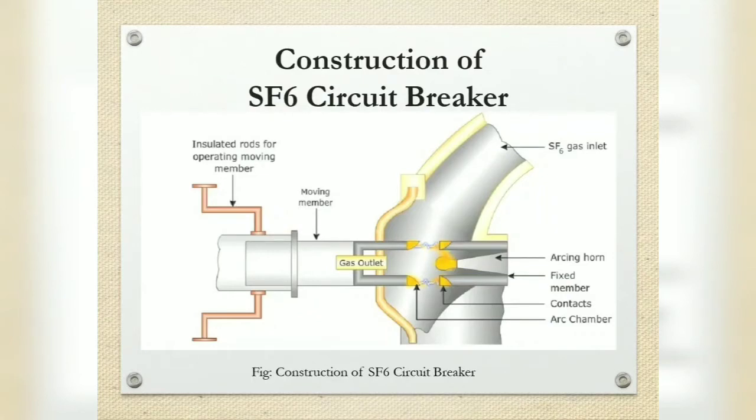The process reduces the pressure of the SF6 gas from 16 kg per centimeter square to 3 kg per centimeter square. It is stored in the low pressure reservoir. This low pressure gas is pumped back to the high pressure reservoir for reuse.